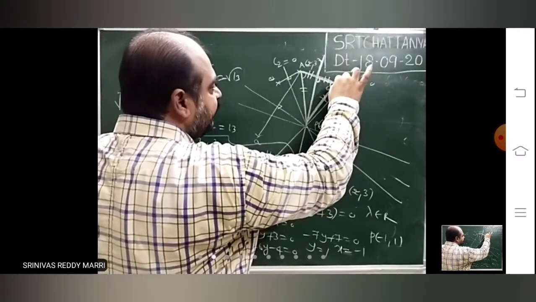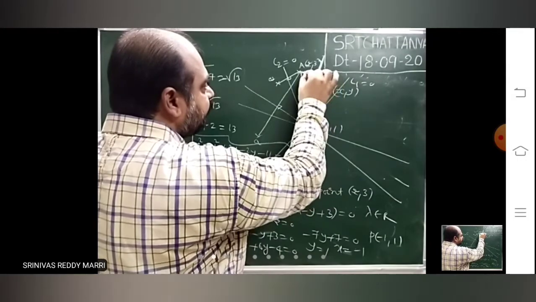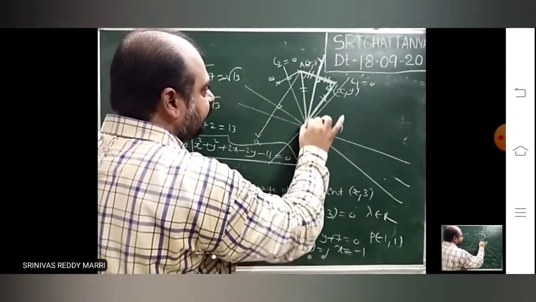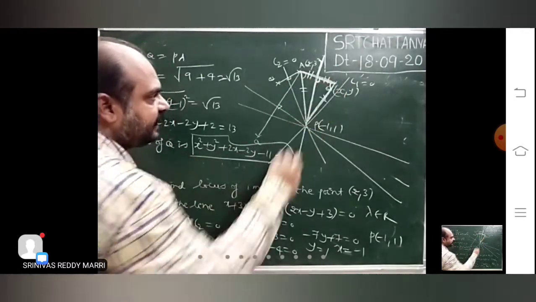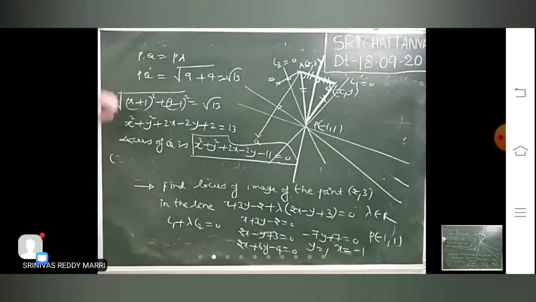This locus you have to find out. This is a perpendicular bisector. So join P to A, P to Q. This is an isosceles triangle, so PA will be equal to PQ. So Q moves under the condition PQ equal to PA. PQ is root 13. Got the condition? That is nothing but the locus of Q. Very important model.